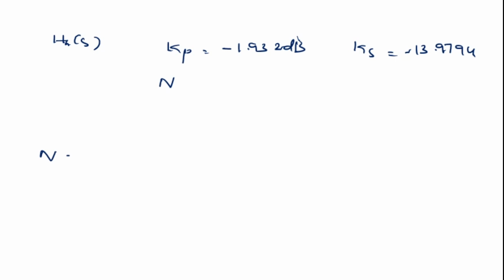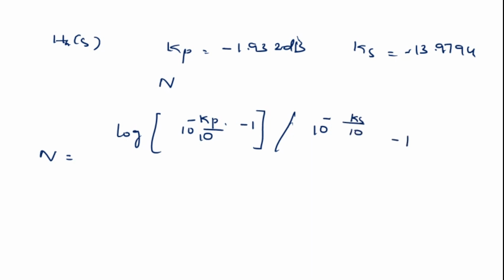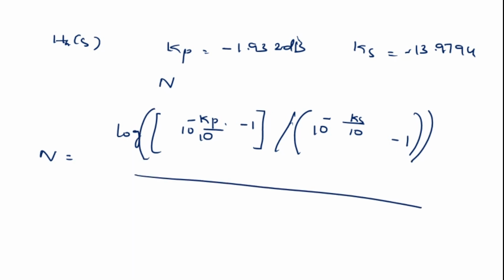The formula to calculate n is log of (10 to the power minus 0.1 Kp minus 1) divided by (10 to the power minus 0.1 Ks minus 1), the whole thing divided by 2 log of Omega p by Omega s.